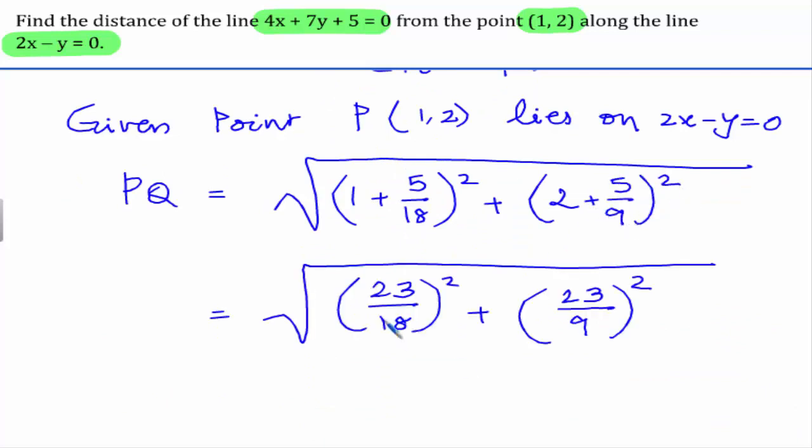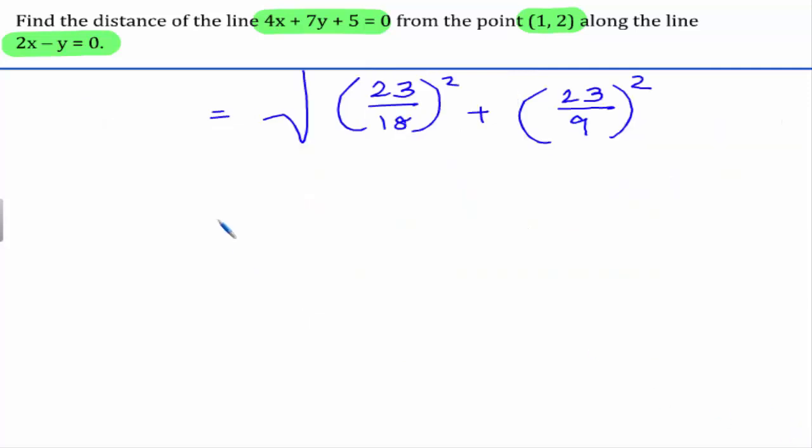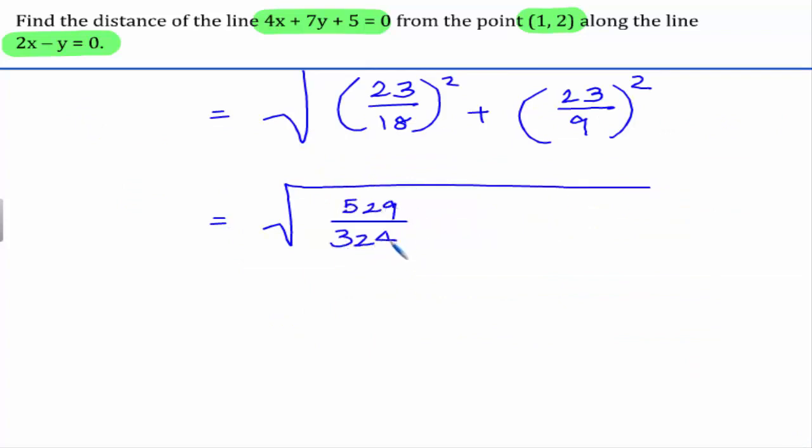On simplification, we get 23 by 18 whole square plus 23 by 9 whole square. This will give us 529 by 324 plus 529 by 81.